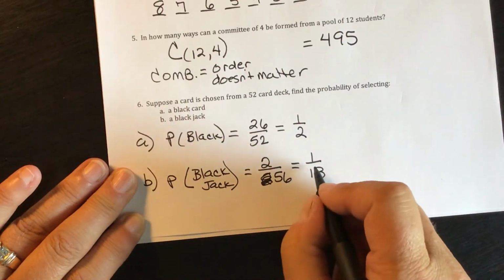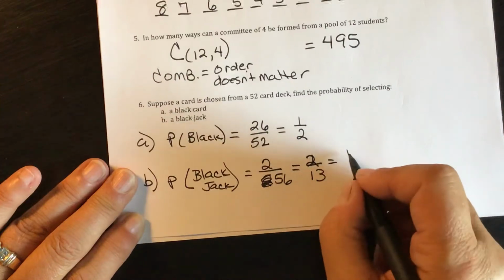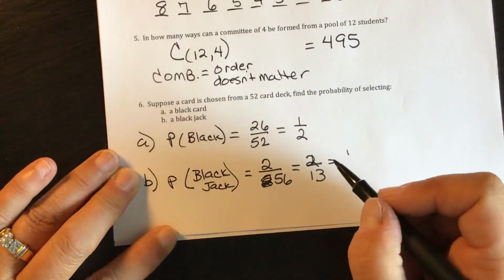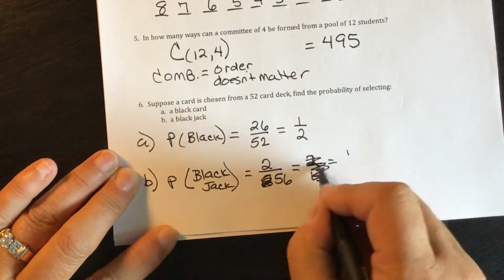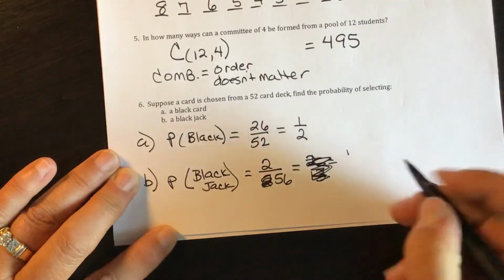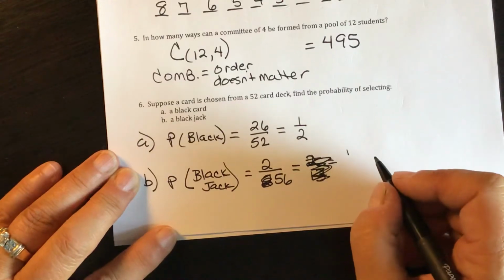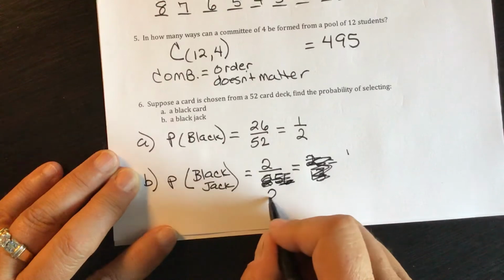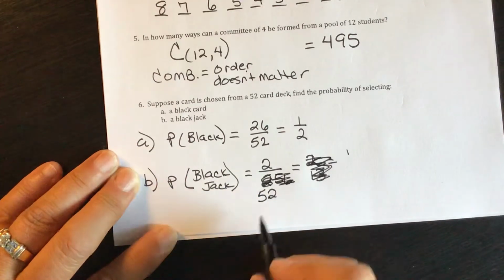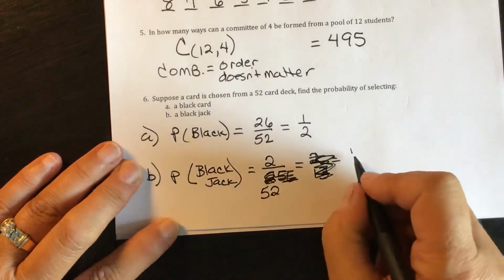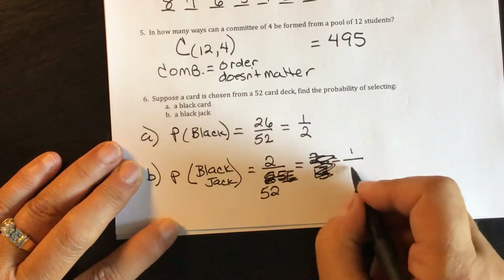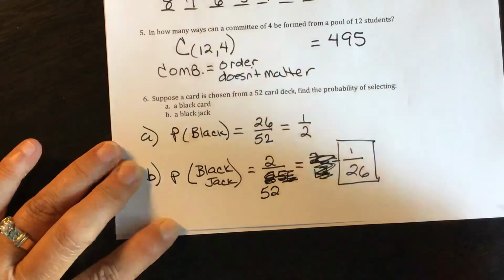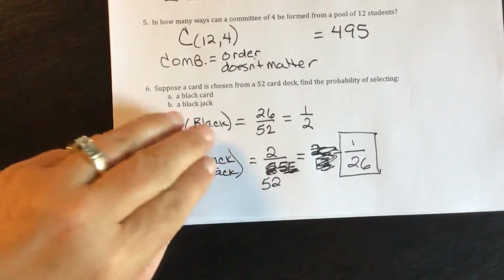Oh, sorry. 2 out of 13, which is 1 out of, what am I doing here? Two into 56 is, how about if I do 2 into 52? That's how many cards are in the deck. 2 into 52 is 1 out of 26. I don't know where my mind went. Sorry about that.